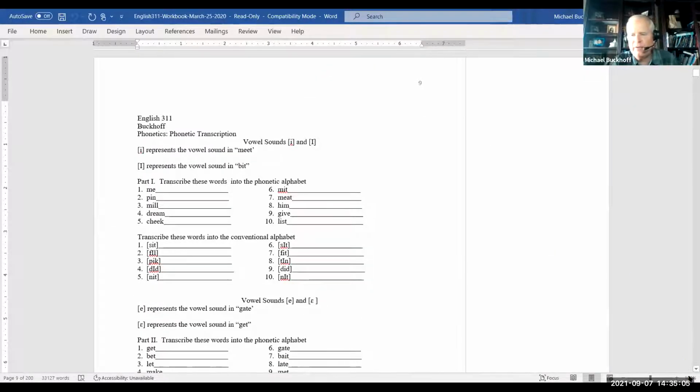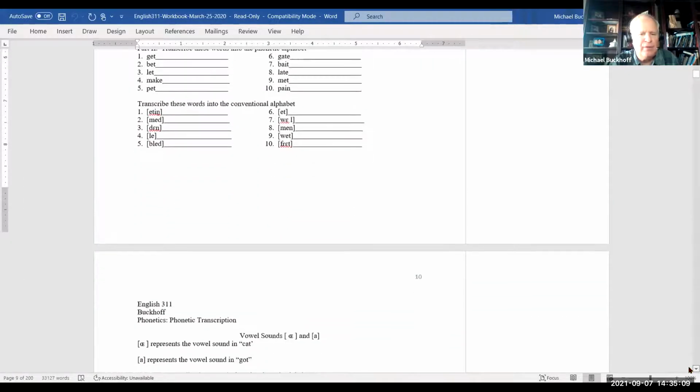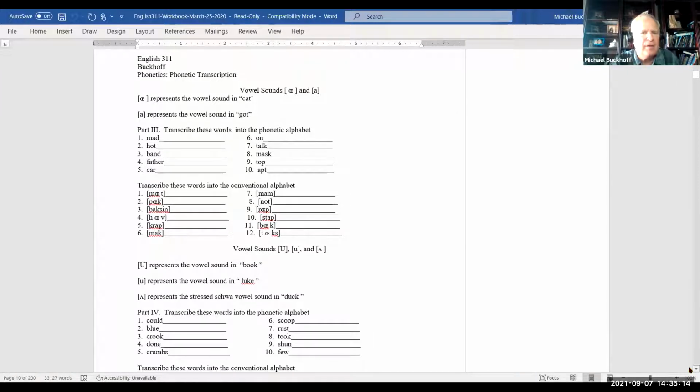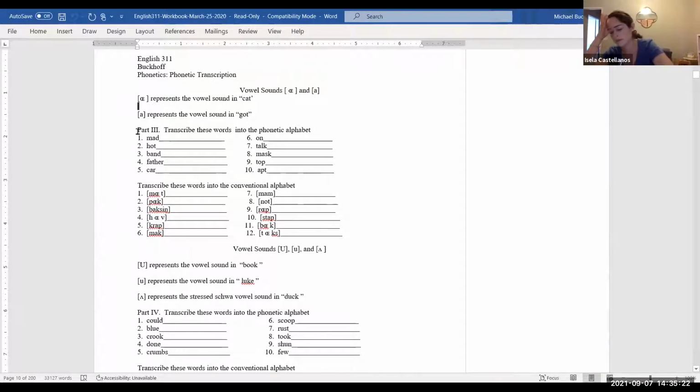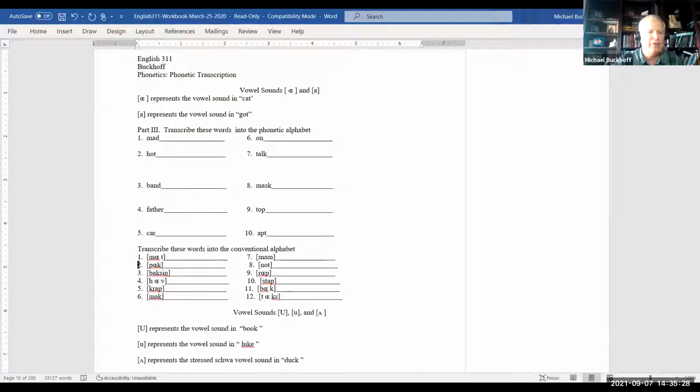We've already gotten some of these out of the way. So we did this one. We did these two. Have we done these two yet? The a and the ah, the ash and the ah. Okay, let's do this. You can annotate them.